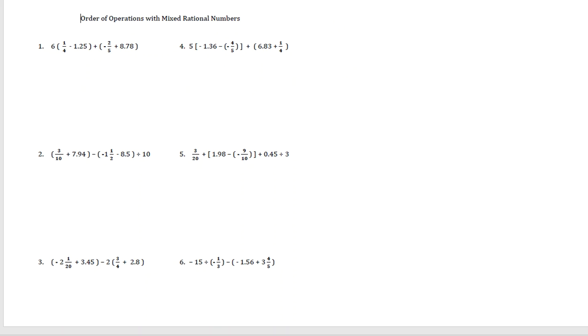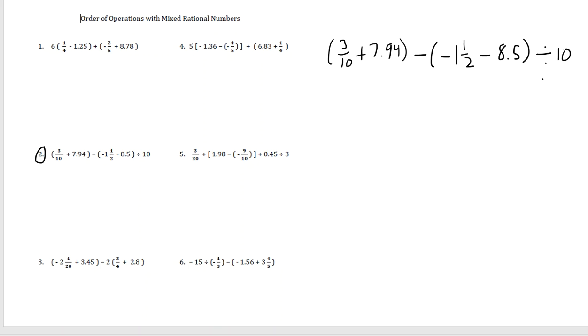Okay, the next one I am going to do for you is number 2. Okay, we have a 3/10 in parentheses plus a 7.94, subtract, and then in our other parentheses we have a negative 1.5, subtract an 8.5, and then that's going to be divided by 10.